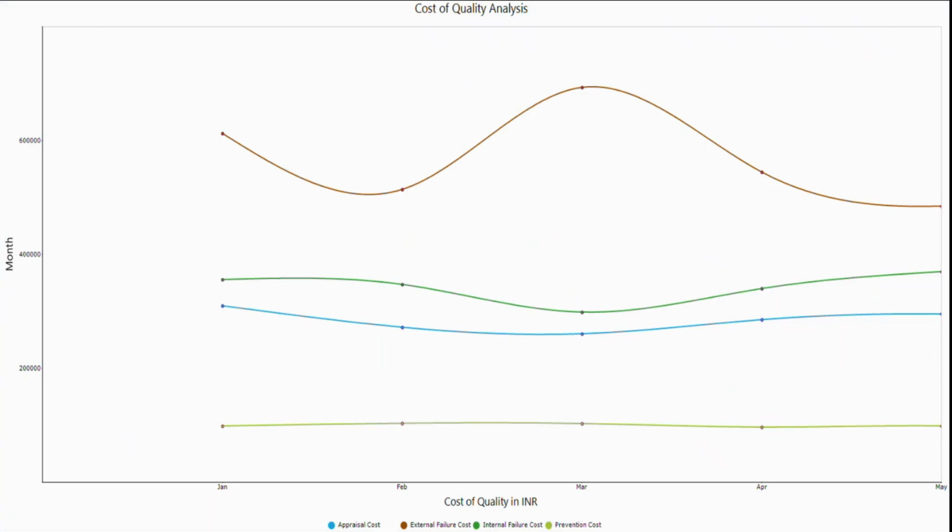So when you look at the overall cost of ownership, you look at the external failure costs, the internal failure cost, and the prevention cost, and the appraisal cost as well. You will see a fine balance has to be established between all of these, and these are dynamically varying, mind you.